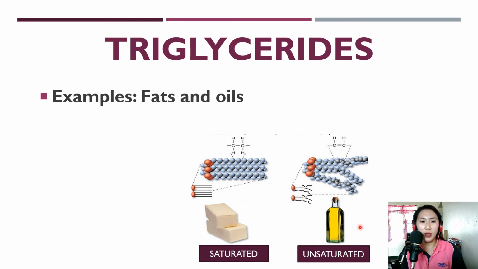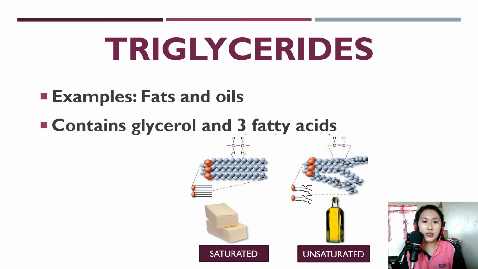While oils naman are liquid at room temperature. They are used by plants for long-term energy use. So kung fats ay used by animals and humans, plants naman use oil for long-term energy use. So oil is usually unsaturated. Okay?